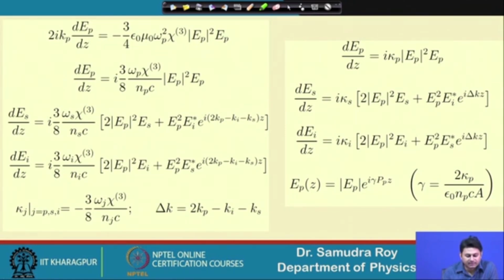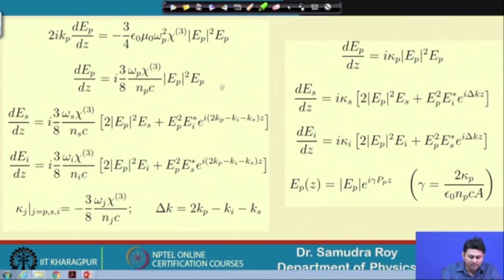The phase matching is automatic, so the exponential term will not be here, as it cancels out from both sides. This leads to an expression like this. This is the equation of the pump.